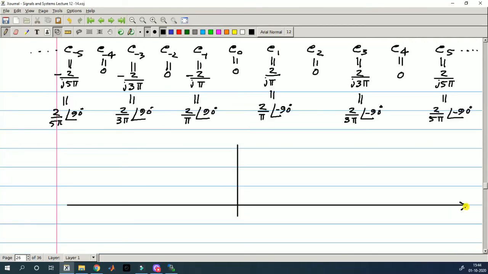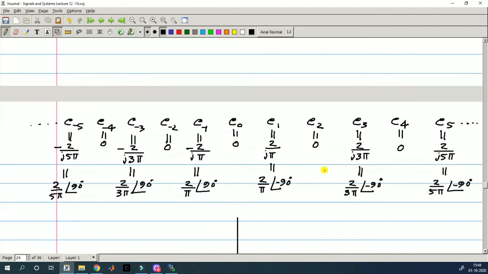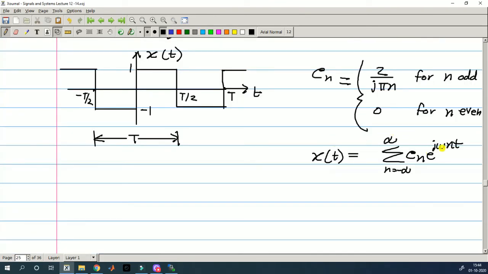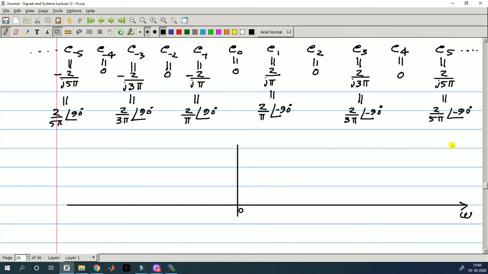Along the horizontal axis, we will plot different omega values like 0, 1 omega, 2 omega, 3 omega, 4 omega, 5 omega, and so on.